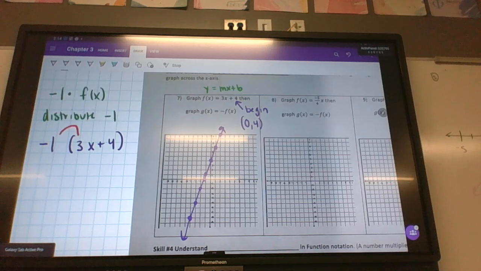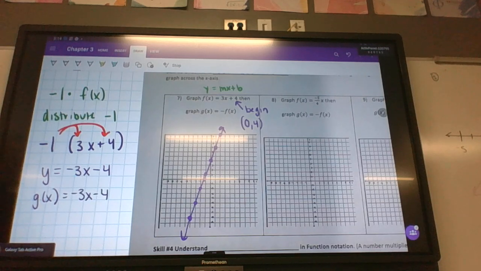I'm going to do -1 times the 3 and -1 times the 4. So the new function is going to be y equals -3x minus 4. And we're going to call it g instead of f. So pretty much I just multiplied by -1, and that's -3x minus 4.